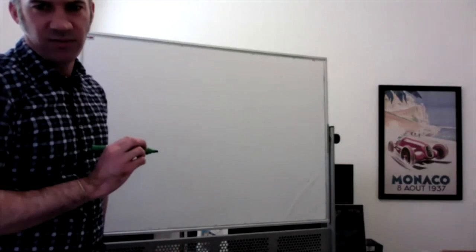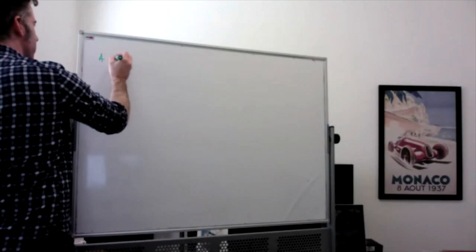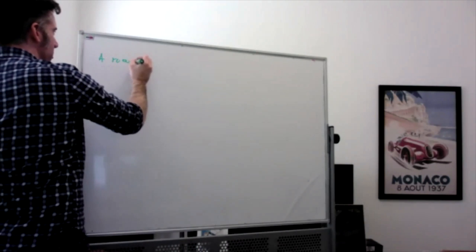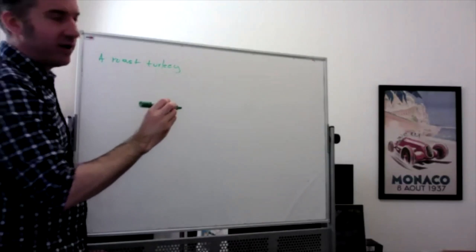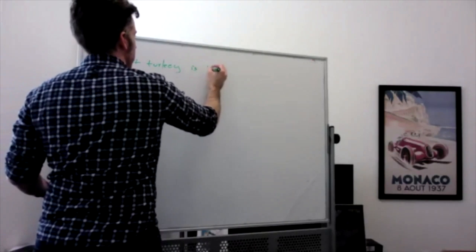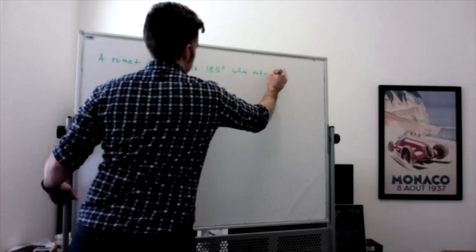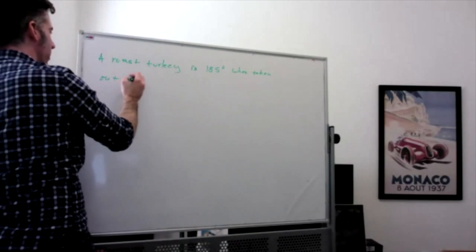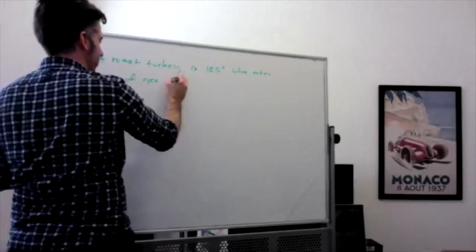I think this is problem number 13 from section 3.6. A roast turkey. Someone overcooked it. It is 185 degrees when taken out of the oven and placed into a room that is 75 degrees.